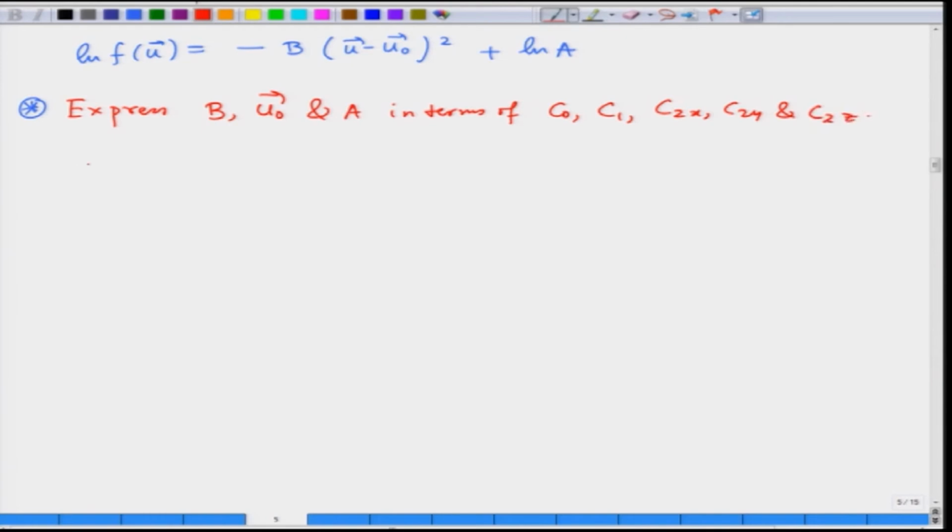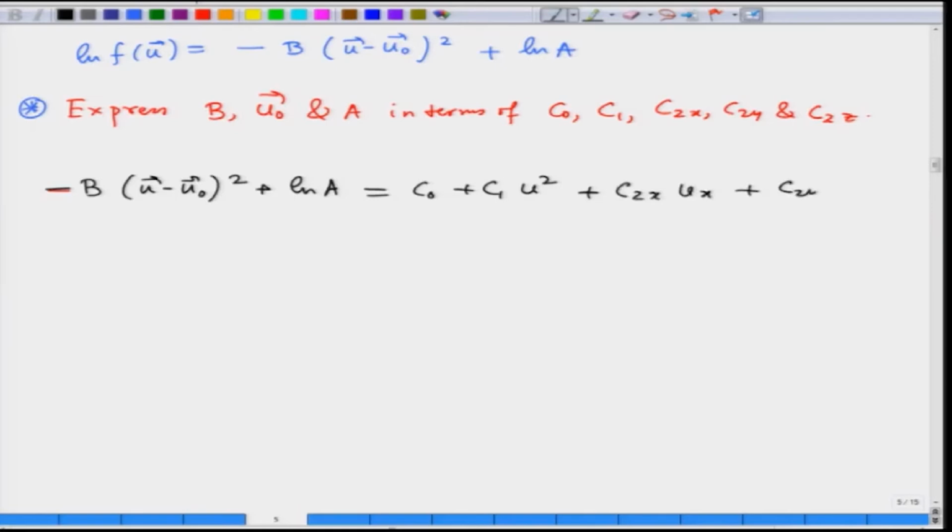I can do the first one. So, if you just write this thing like minus b (u minus u0) square plus ln a, you have to write this equal to C0 plus C1 u square plus C2x ux plus C2y uy plus C2z uz. Okay.